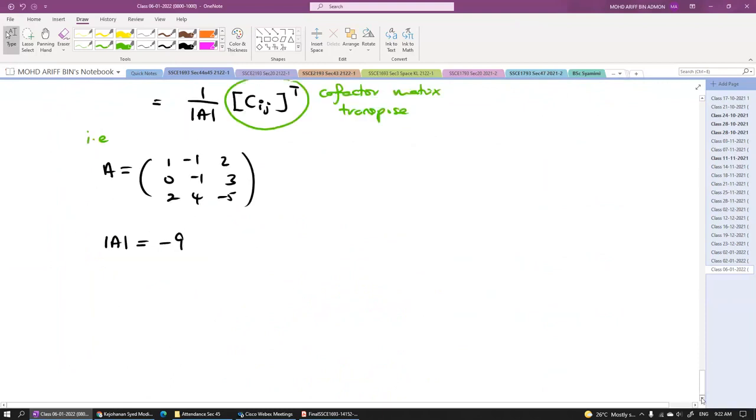This is the one that you commonly practiced before, Cij. So you are calculating C11, C12, C13, C21, C22, C23, C31, C32, C33.